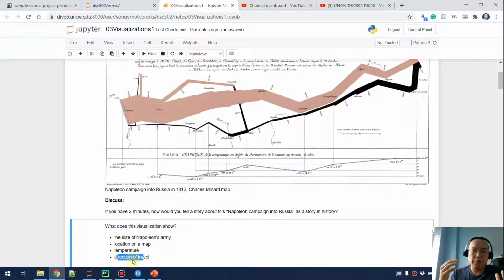If you're watching a cable channel, this visualization may only stay on the screen for 5-10 seconds, and you get the point. But for this kind of visualization, we compress a lot of information on one single graph, and based on one single graph, we have a lot of things to talk about. So this is a cool visualization, and that is the way we want to pursue.